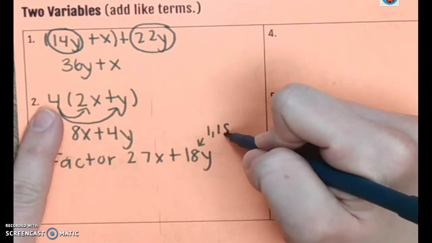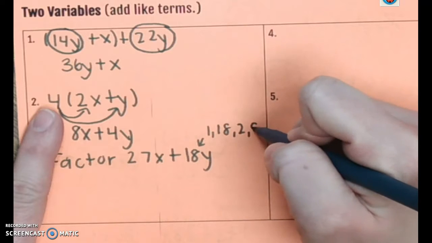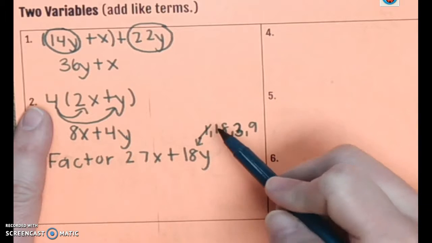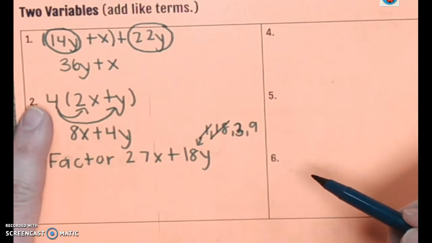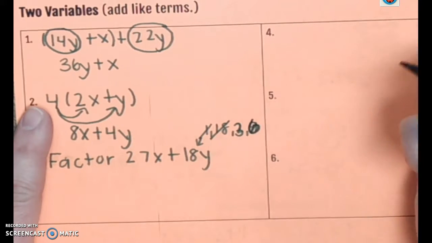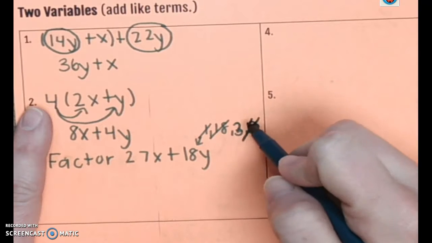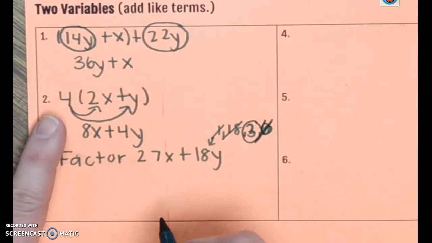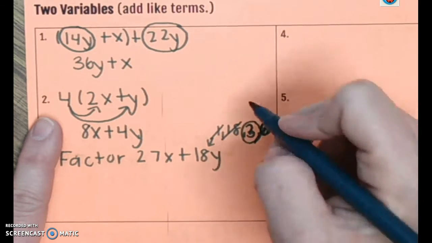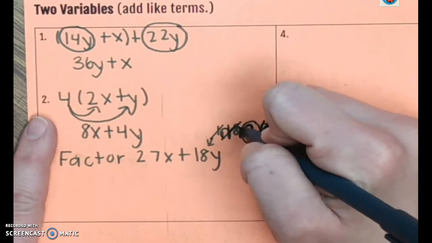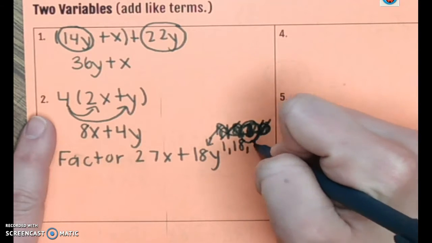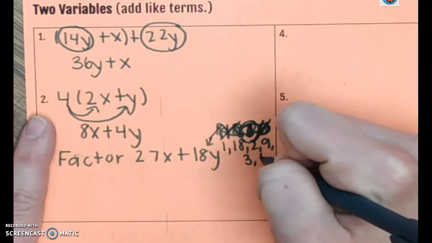We have 1 and 18, 2 and 9, 3 and 6. 18 doesn't go into 27. 3 goes into 27, but 6 doesn't. So we're going to take 3 out.